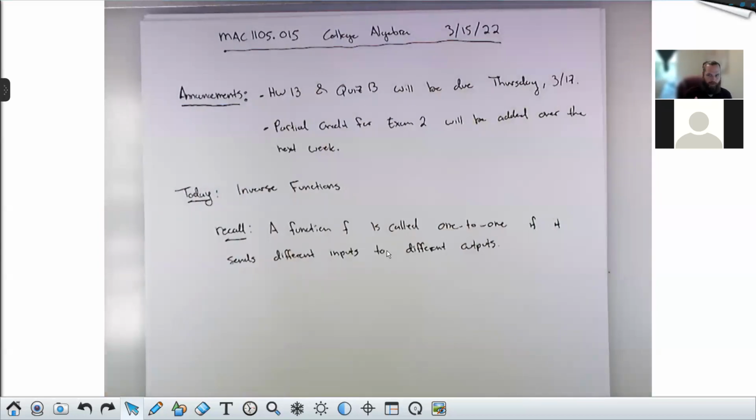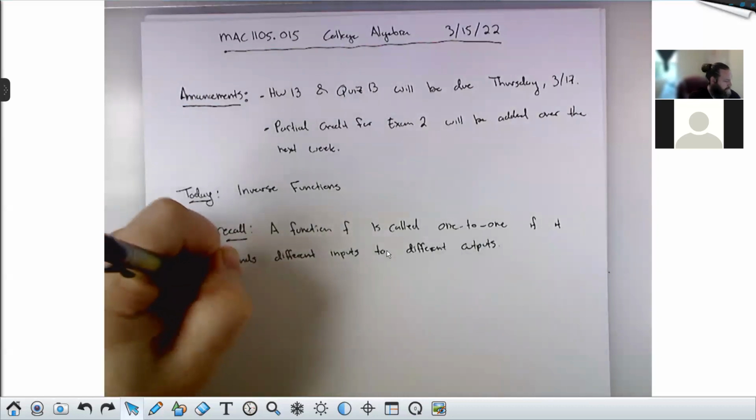Now, if you combine this with the definition of a function, you get two different restrictions on the input-output pairs. Remember, in order for a relation to be a function, it can't send any one input to two different outputs. And that was the vertical line test that we had at the beginning of the semester, right? If a vertical line touches the graph more than once, then that graph is not a function. A one-to-one function says that every output has to come from one and only one input. And if you combine these two things, you can get a simple statement.